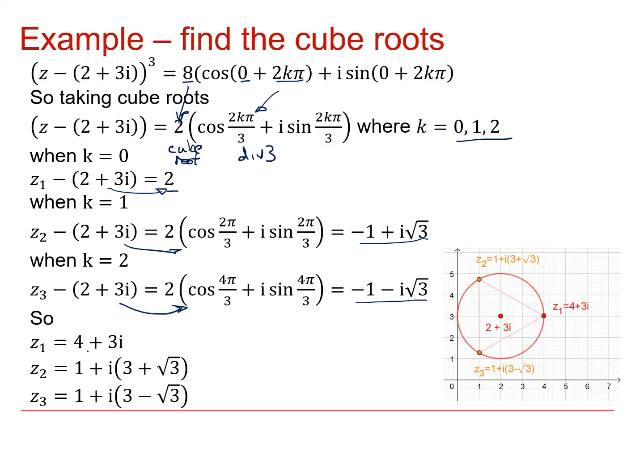When you do that, you get final roots: z1, when k equals 0, is 4 plus 3i, and that equates to that point on the diagram. z2 is 1 plus (3 plus root 3)i, and that equates to that point on the diagram. And z3 is 1 plus (3 minus root 3)i, and that equates to that point on the diagram.